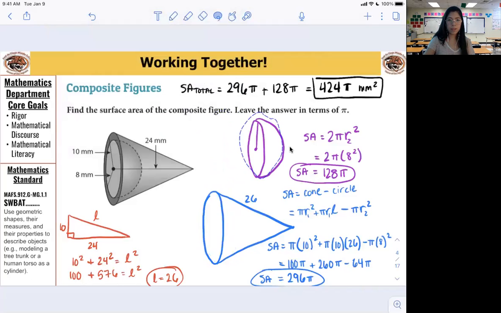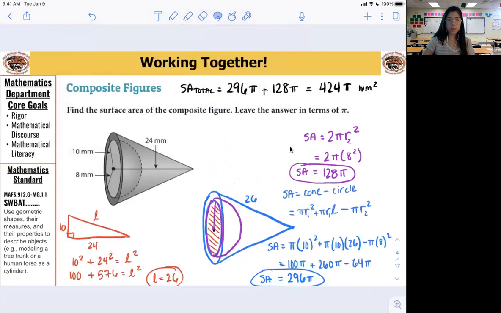Okay. So there's our hole. There's the hemisphere. It's inverted, it's inside out, but it still has the same surface area as if it were the other way around. Like if here, let's see if I can do this. Hold on.